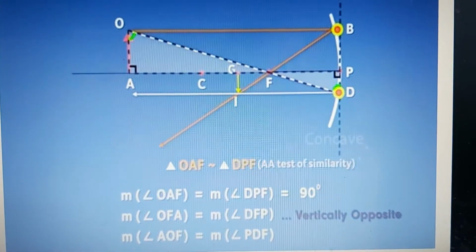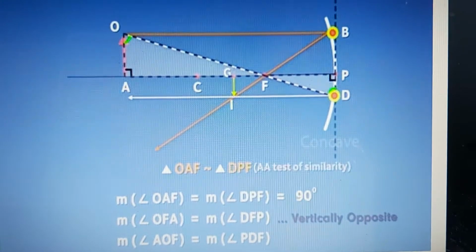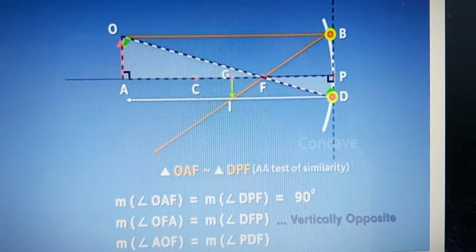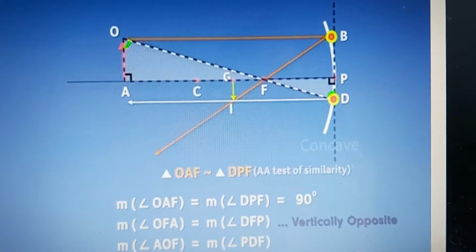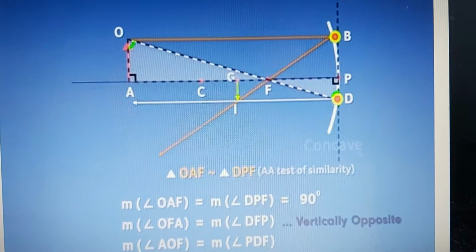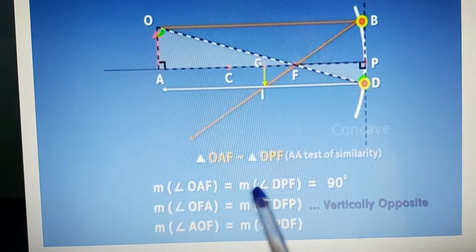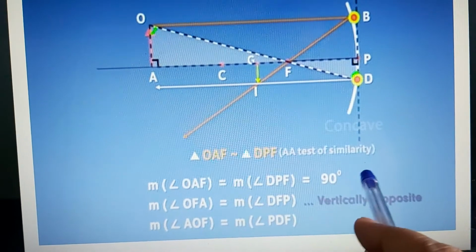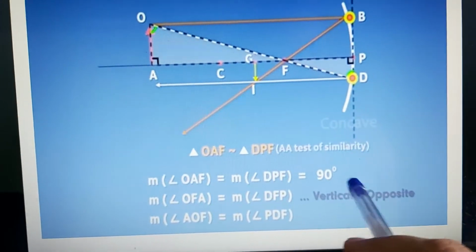Now consider these two triangles to be similar. We will draw them separately here. We see that angle OAF is equal to angle PDF, equal to 90 degrees. Why? They both measure 90 degrees.